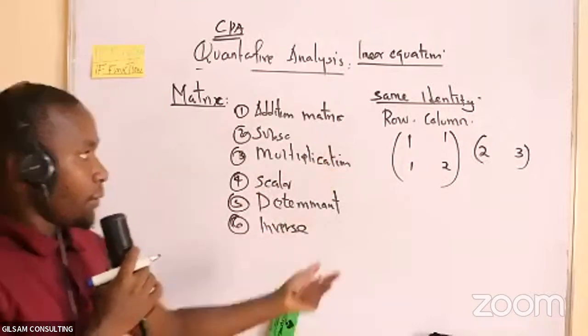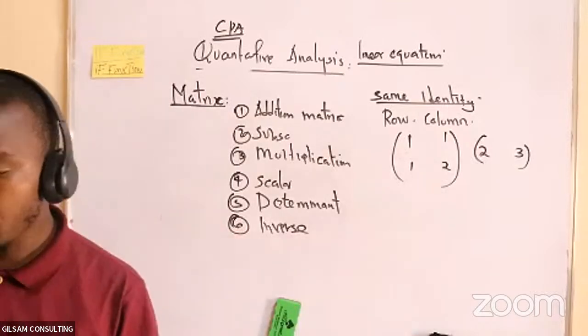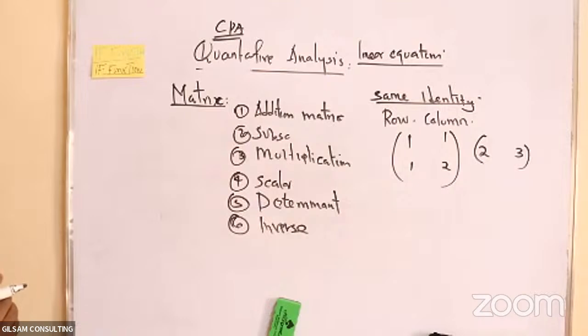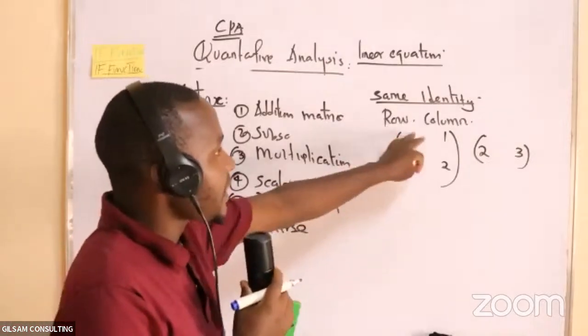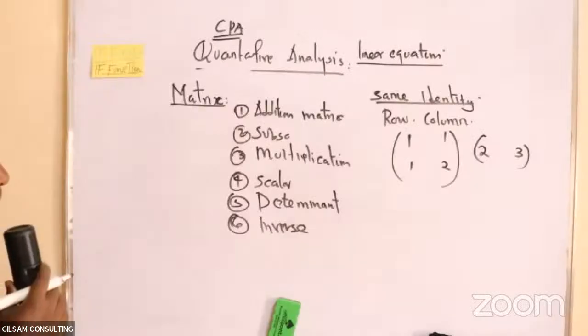So what is the name of this matrix? Not even the name. Is this matrix compatible? How many rows and how many columns? It is not compatible.